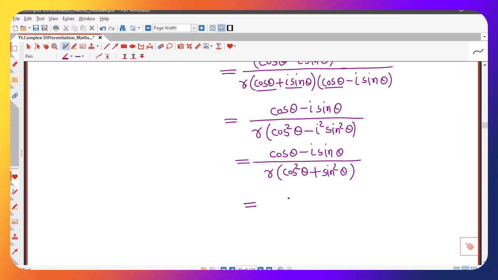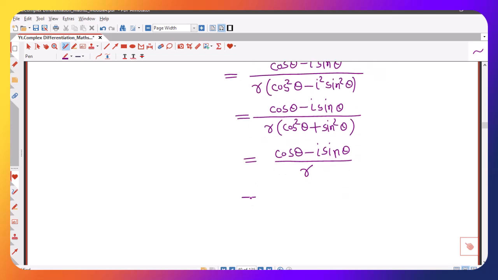And finally we are using cos square theta plus sin square theta equal to 1, and we have cos theta minus I sin theta divided by r, and this we can again rewrite as cos theta divided by r plus I times minus sin theta divided by r.